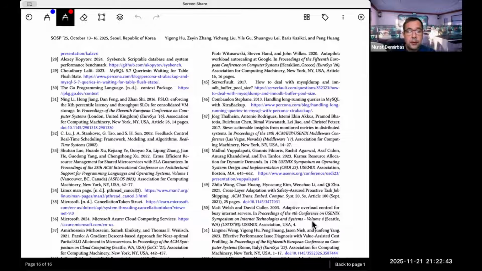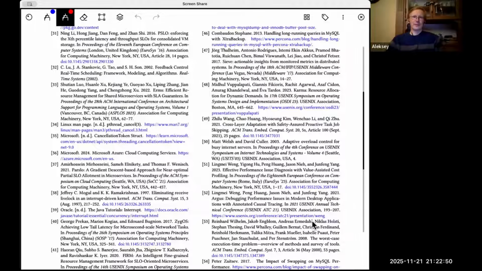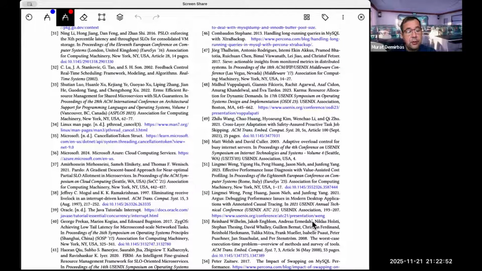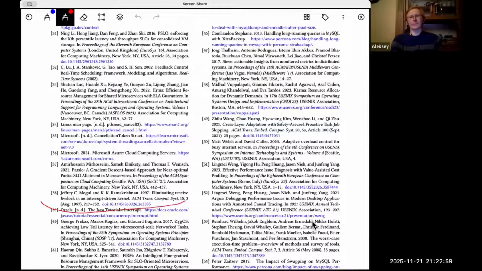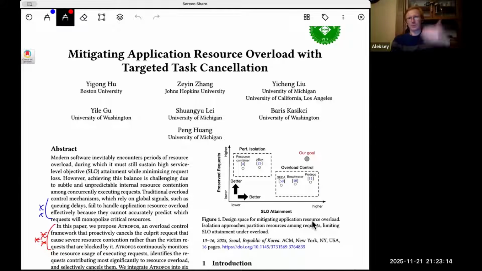It cuts off in the place. So 38 is "Eliminating receive livelock in an interrupt-driven kernel." Okay. It's a classical problem in operating systems, like the interrupt-based operating system. If you have things that cause interrupts, you need to handle the interrupt.